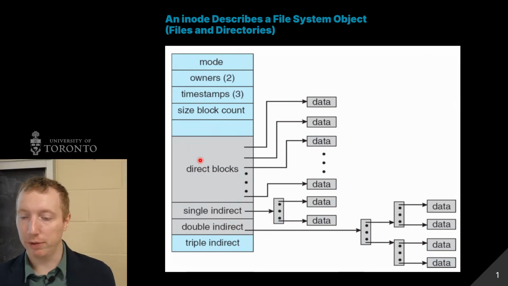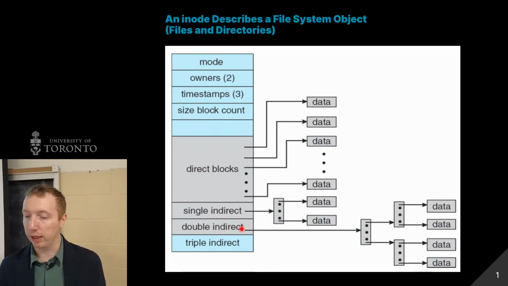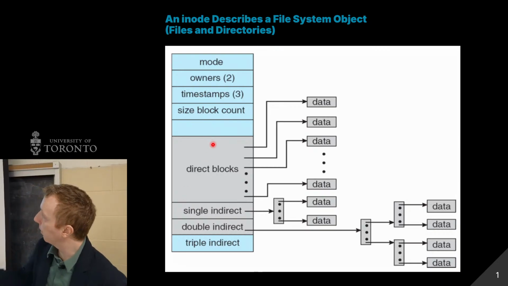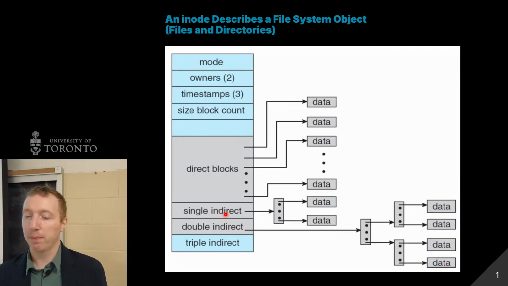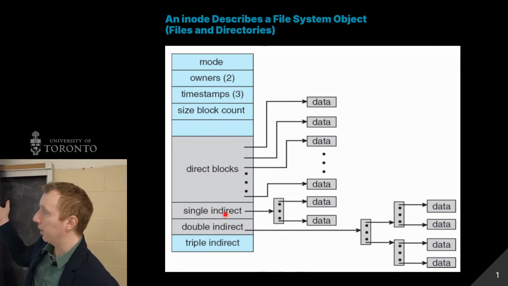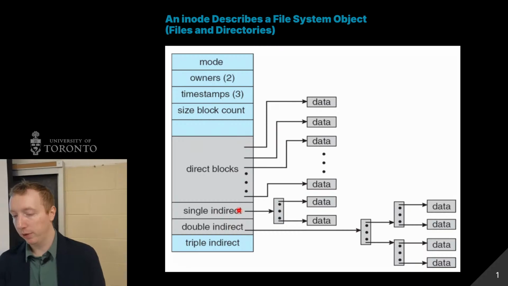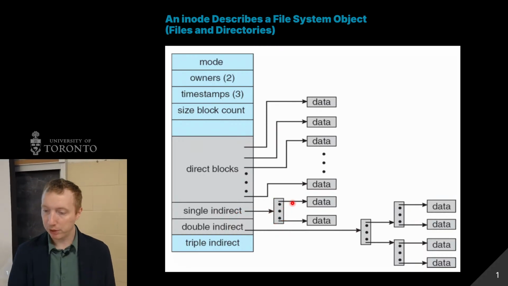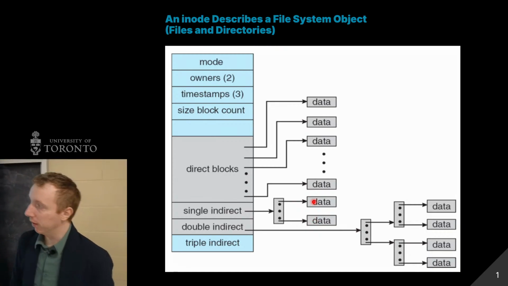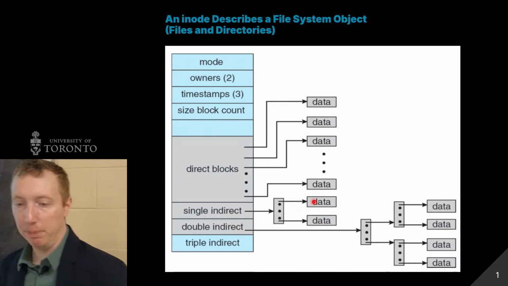Small files can just have their blocks stored directly on the inode itself. If the file is larger than 12 blocks of data in this case, then for the 13th data block and up, it would use a single indirect block, so it would get a block full of pointers, and then they point to data. And that's where we left off, where the file wasn't that big.